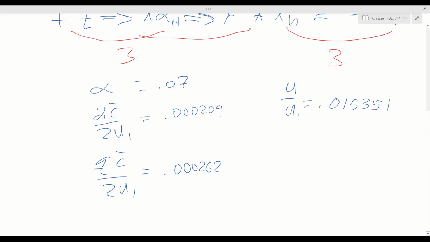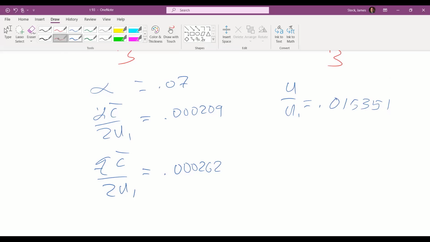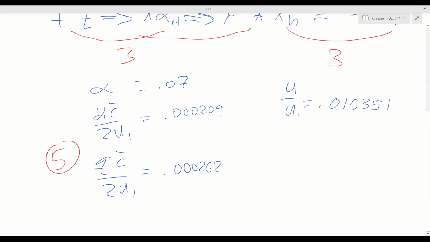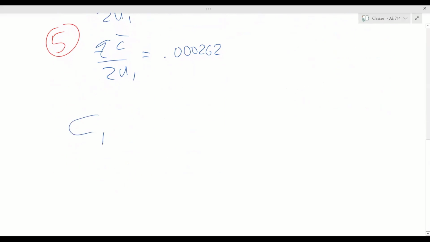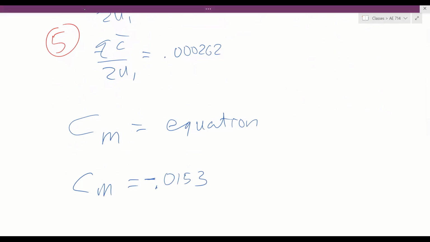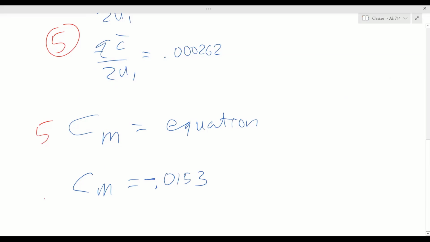So that was worth 5 points. And then sticking that all into the CM equation, and then calculating the final answer. That was the other 5 points here and 5 points there. So that's how that one was graded.